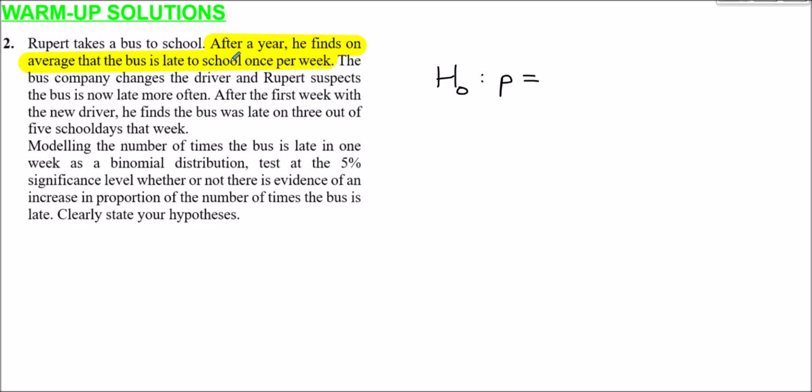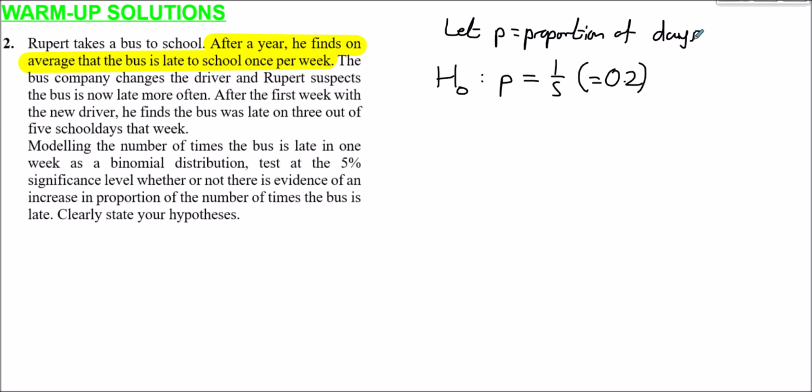Now, a school day is 5 days, so that's 1/5, which is 0.2. And I'm letting here P equal proportion of days the bus is late. So before this driver has changed, it was late 1 in 5 days. That's 0.2. That's 20% of the time. So P, proportion of days bus is late.